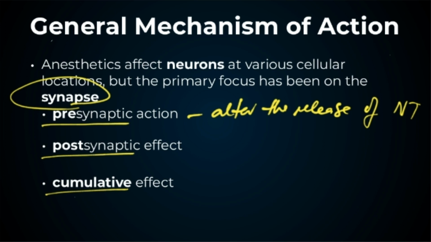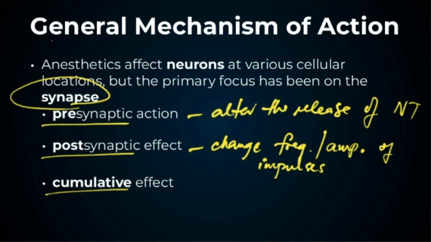Anesthetics can also have a postsynaptic effect by changing the frequency or amplitude of impulses exiting the synapse. And anesthetics can affect neurons by a cumulative effect: the inhibition of neurotransmission can be strengthened or the excitation diminished. But most anesthetics affect the synapse by strengthening inhibition of neurotransmission.